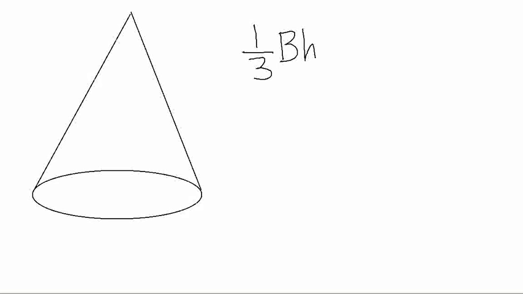If you can imagine that, as the number of sides of that regular polygon increases, the polygon becomes more and more like a circle. All right? So in a sense, a cone is a pyramid, but it's a special pyramid that has a base that's a polygon with a huge, unimaginably large number of sides. Okay? In fact, you might even say it has an infinite number of sides. So for that reason, we use the volume formula for a pyramid.